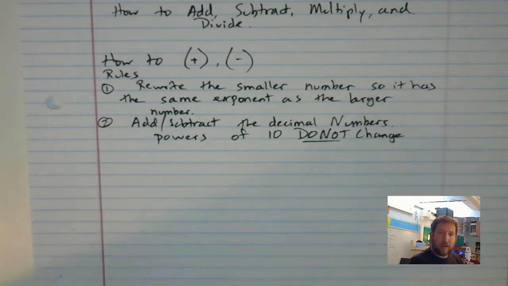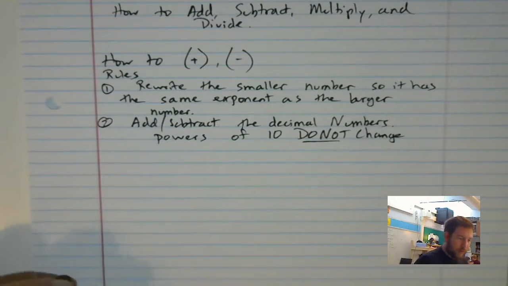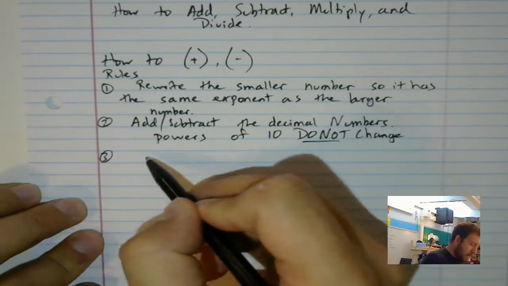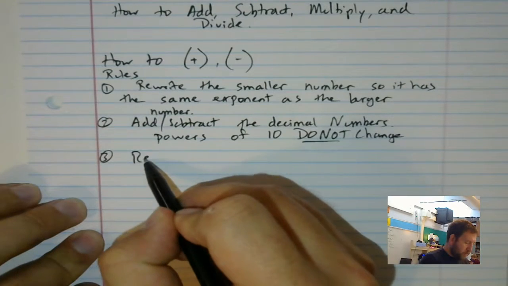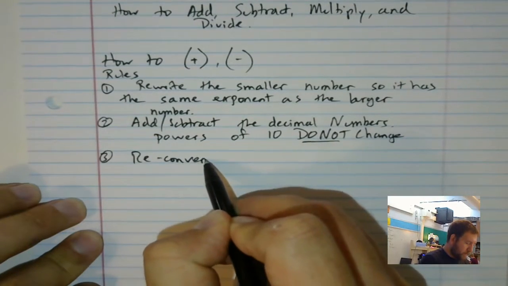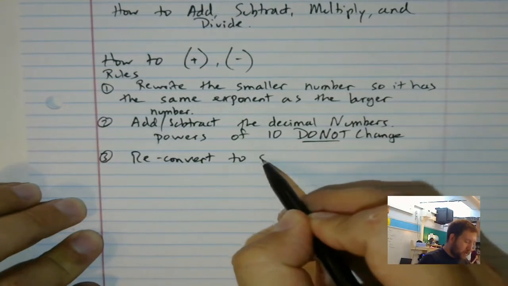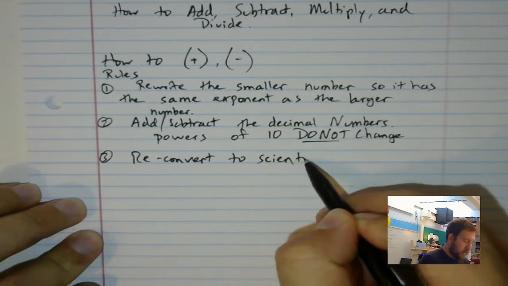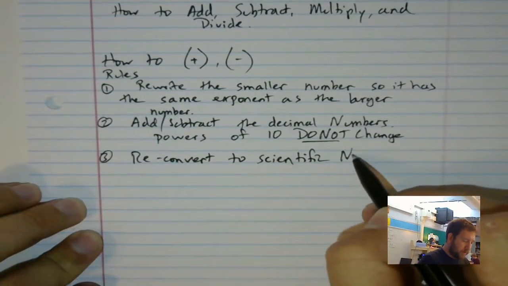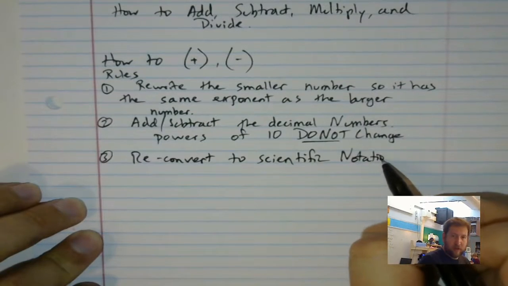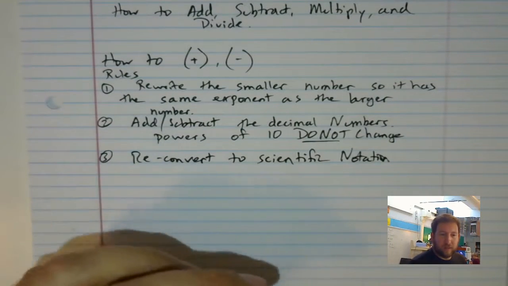We're only looking at the decimals because when I have a big number and I'm subtracting them, I don't look at the zeros. I just ignore them. So we're going to do the same thing. We're going to pretend like they're zeros. And then I may need to reconvert to scientific notation, if I need to. Let's see how it goes.